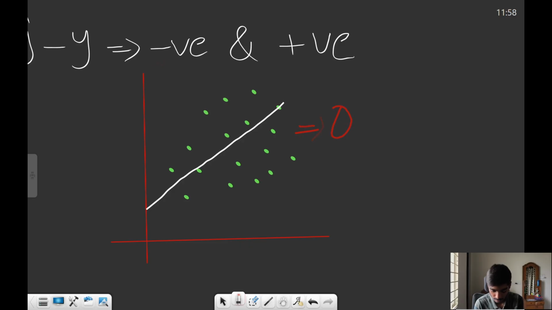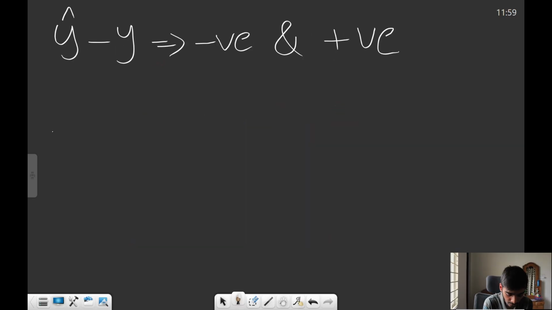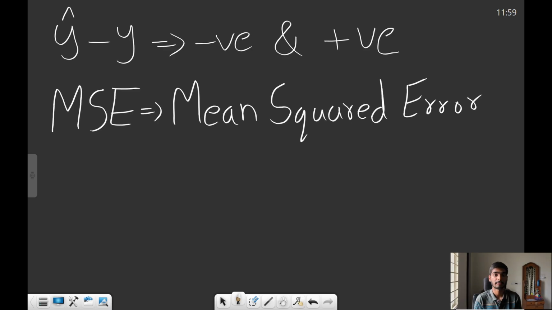So what we do instead is we use something called mean squared error, MSE. We do this because we have hundreds of data points, and some of them give out a positive loss function value and some give out a negative one. If you add them up together, they might become close to 0 and we won't get a perfect model.